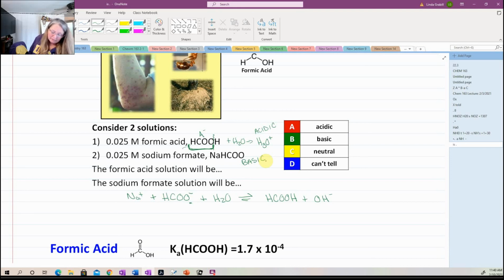This kind of solution is what we call a buffer solution. It means that I have the conjugate base and conjugate acid of each compound in solution. And what's cool about these solutions is that they are resistive to change. I think I'm going to stop there and pick up on the next video.